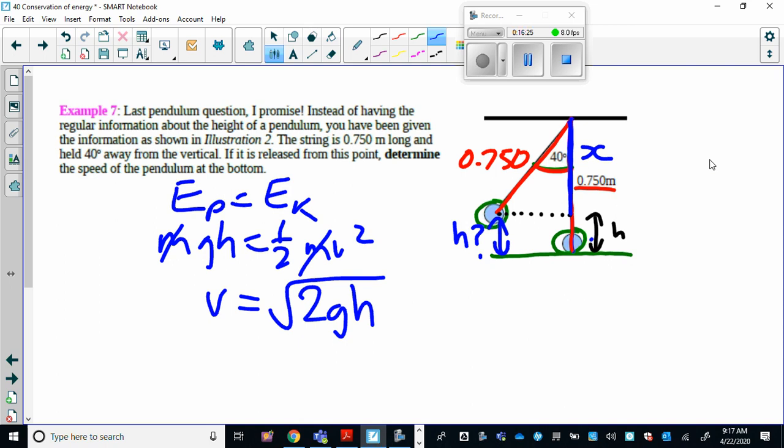And because we have this right angle triangle now, there we go. Because we have that, we can calculate x quite simply just using the cosine ratio.